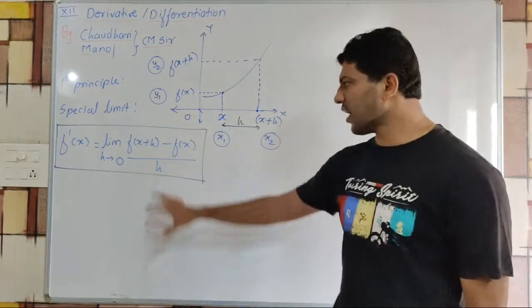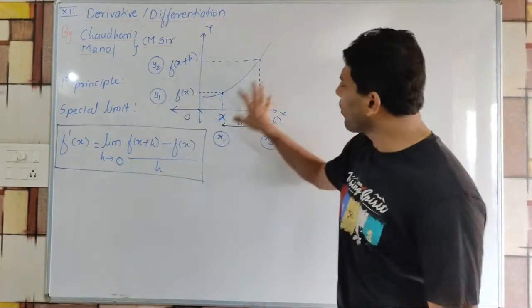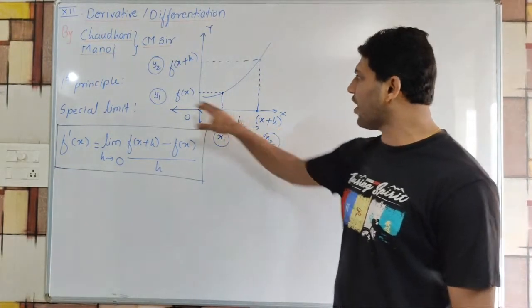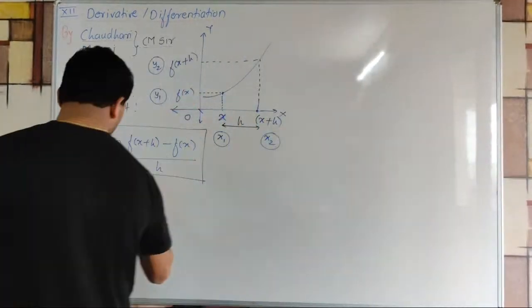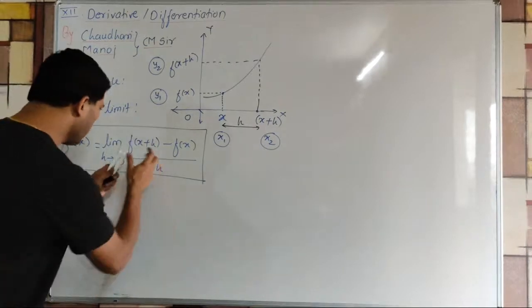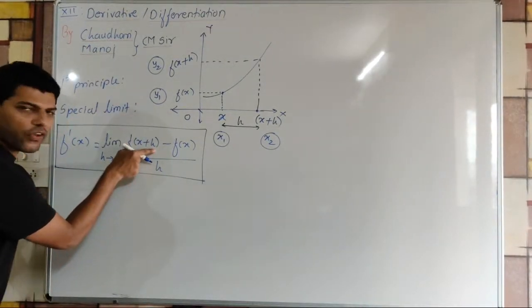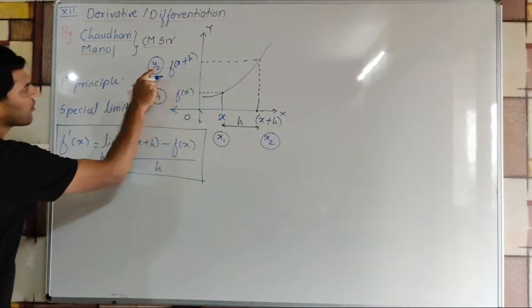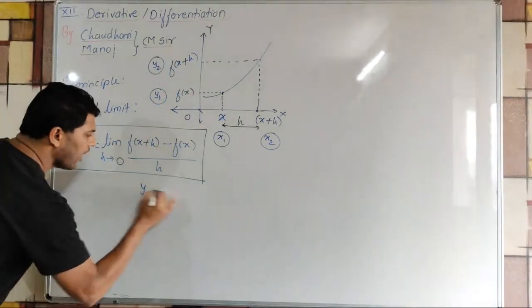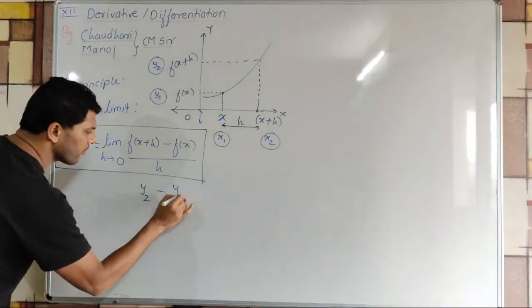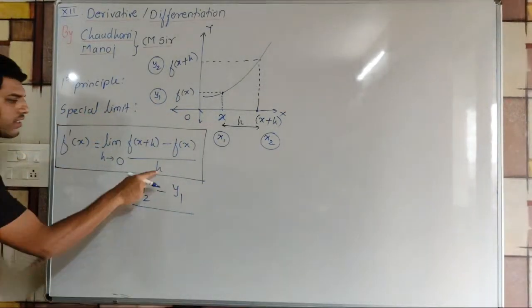Let's try to understand this thing from this particular graph. We already covered these two values of x and two values of y over here. If you work on this carefully, f of x plus h is nothing but y2, f of x is nothing but y1, divided by h.